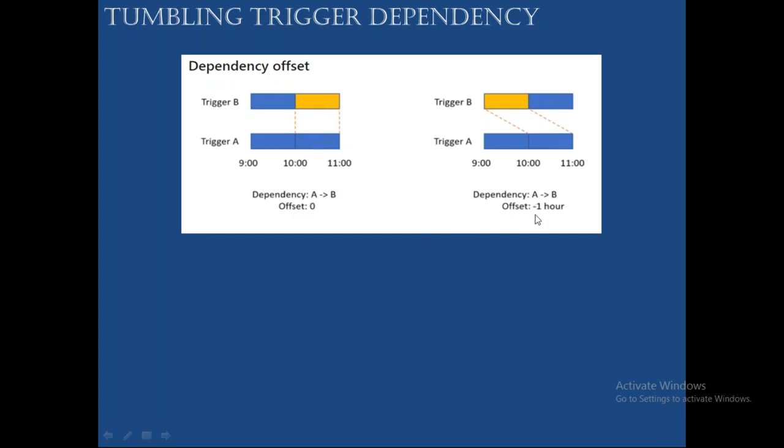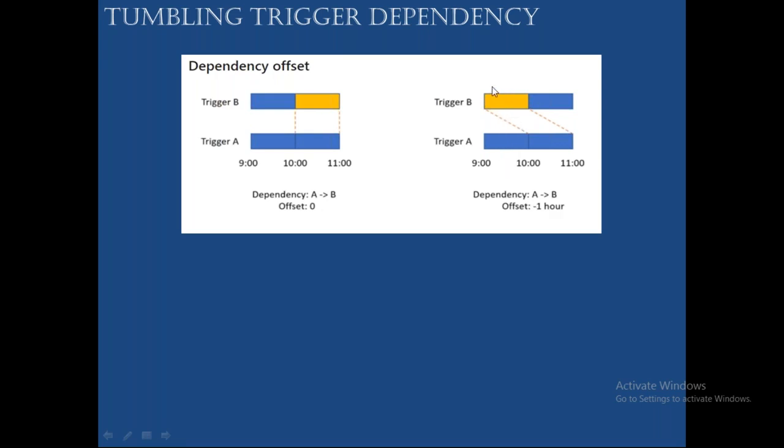But when I take offset equal to -1, it is kind of different. Here it is not going to execute directly, because this is dependent on the previous window of pipeline 1. With -1, it's not a direct relation.